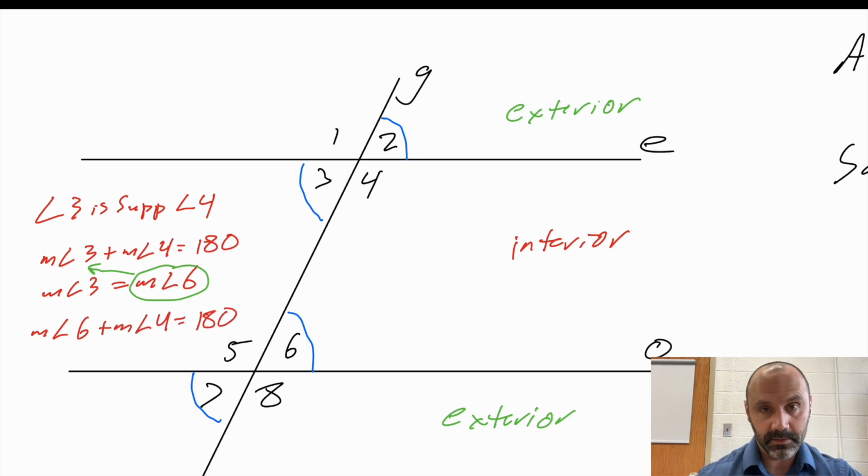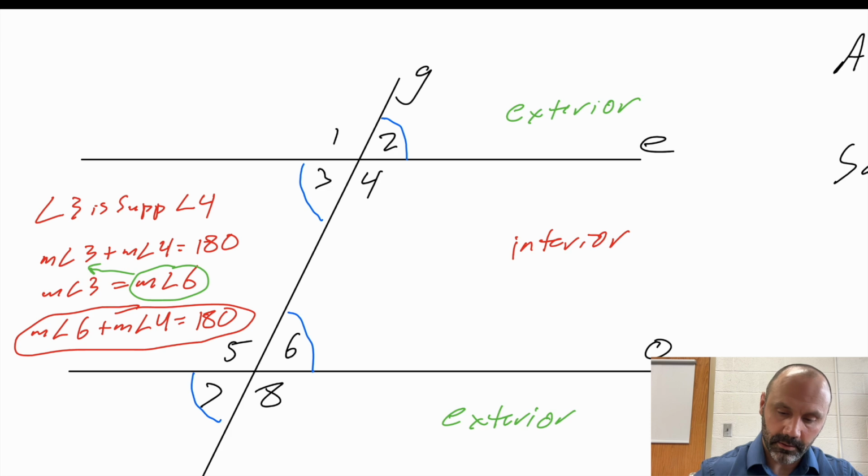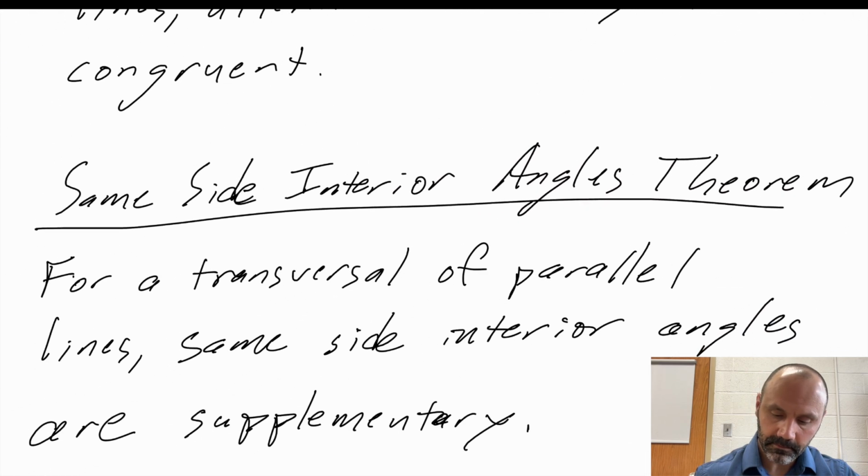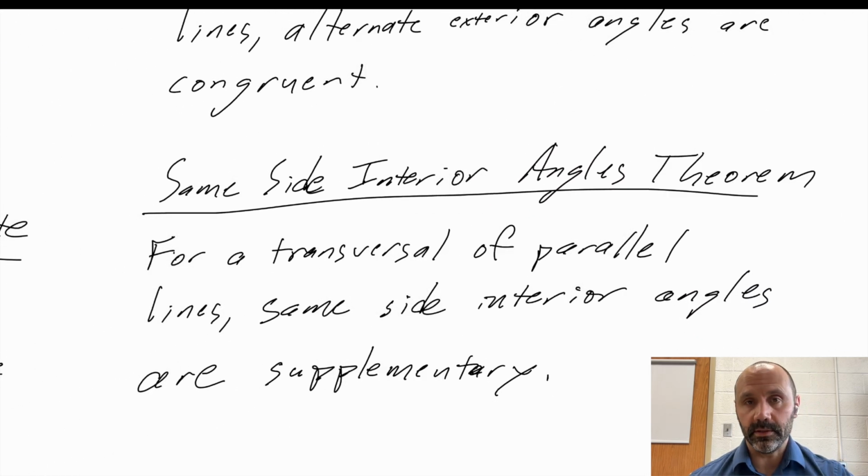Notice we didn't measure these. So this is true no matter what these angle measurements are, as long as you've got parallel lines and a transversal. And this means that 6 and 4 are supplementary to each other. Those are same side interior angles. So same side interior angles are always supplementary.